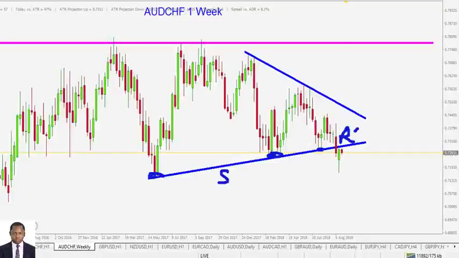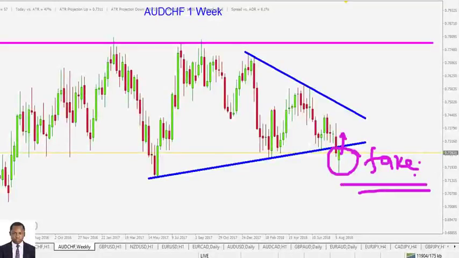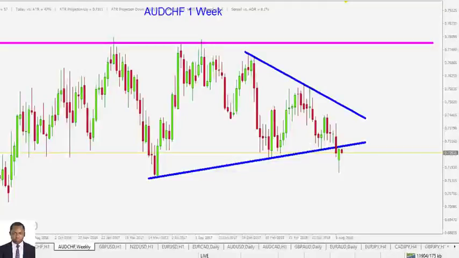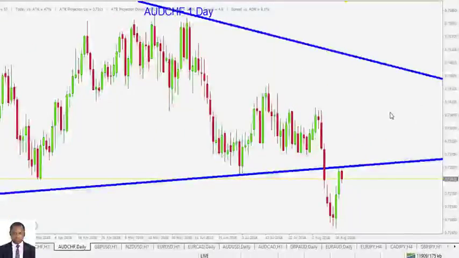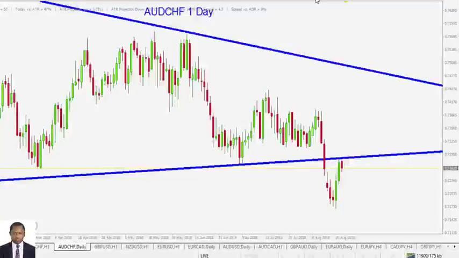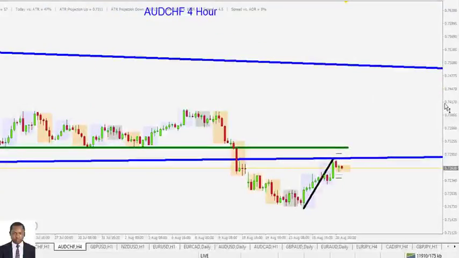If price goes back into that area, if price is able to climb back up, then we'll be having a fake breakout at that particular area. After today, we'll be able to know about that.